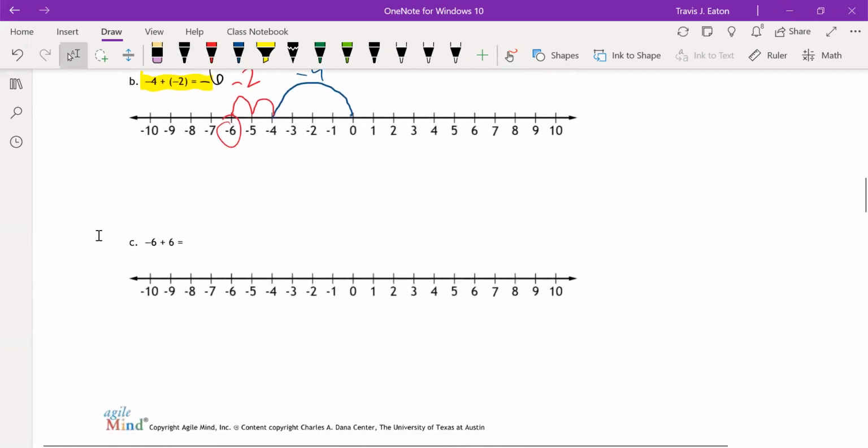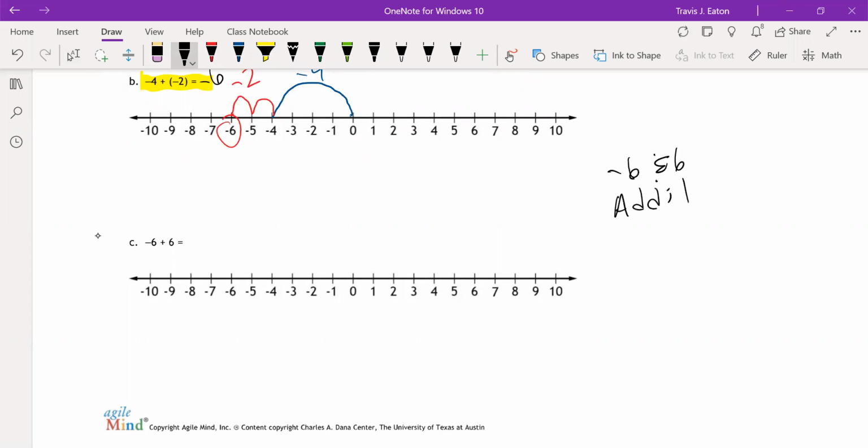Now we have negative 6 plus 6. So you should recognize at this point that negative 6 and 6, we have terms for those. Just remember, we like to call them additive inverses. Another term would be opposites.